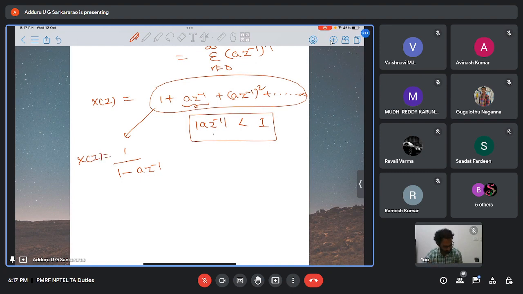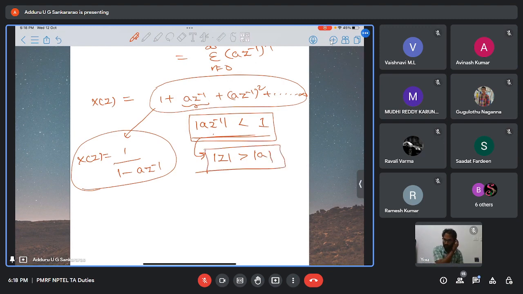Now what is the ROC? When we are able to calculate the Z transform, the condition is this one: the magnitude of this is less than 1, then only we can absolutely sum this. So from this we can write mod z greater than mod a. So this is the ROC for this Z transform.